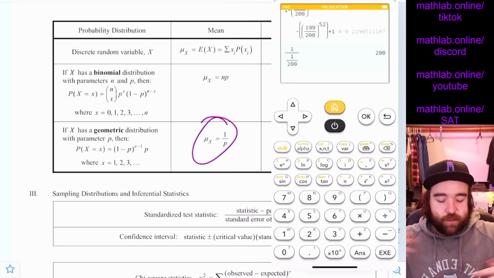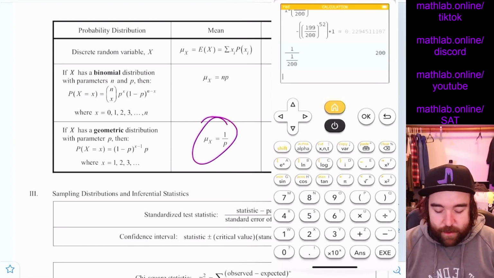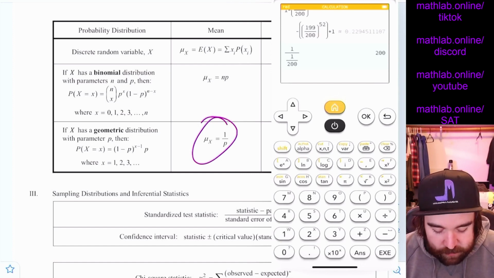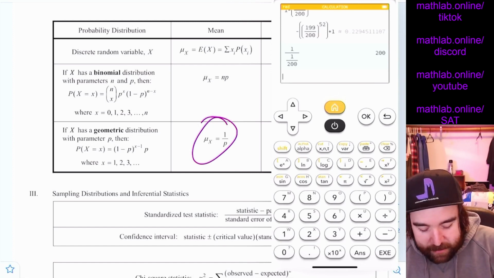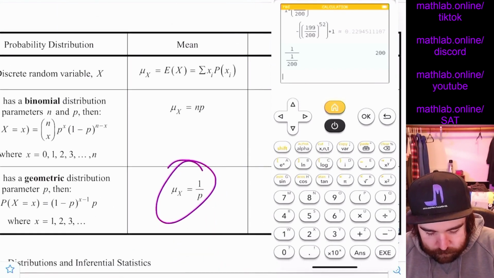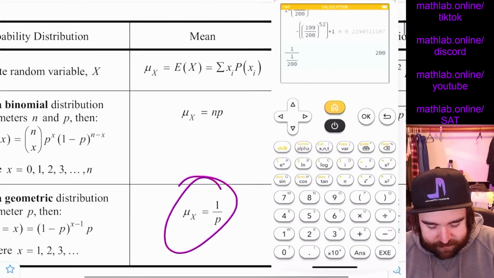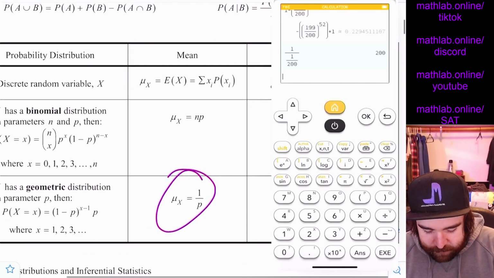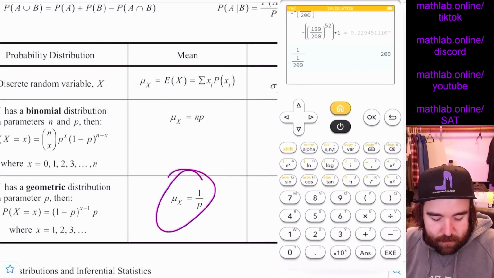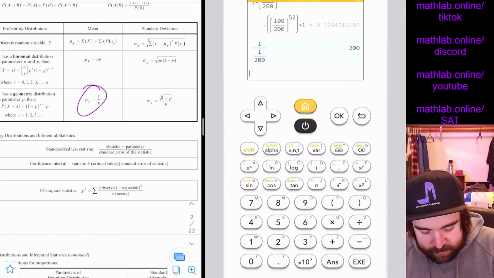You'd expect 200 weeks until you get a gift card. But that's not what they're asking here. They're asking how many gift cards do you expect each employee to get. And so that's n times the probability of success.